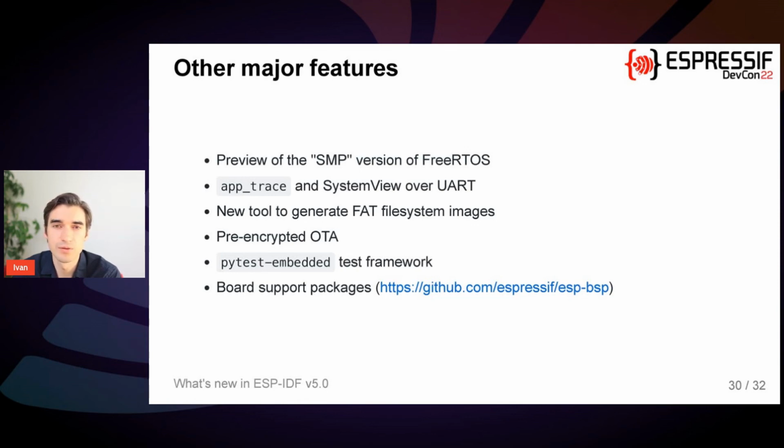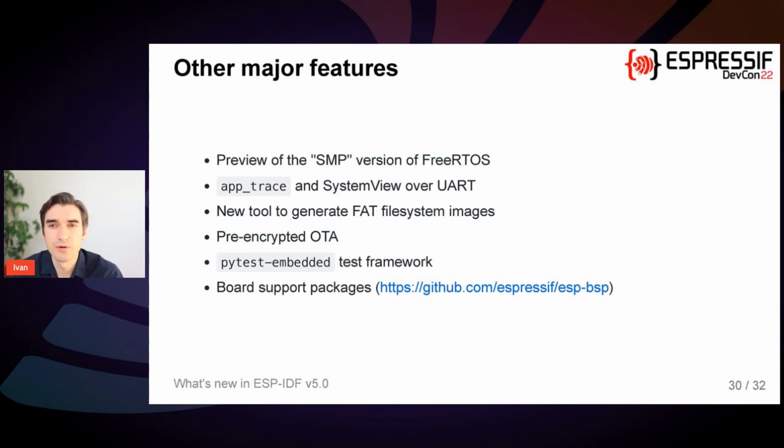It goes in depth about different versions of the FreeRTOS kernel and our plan to migrate to the latest Amazon upstream SMP version. This feature is now in preview, so you can enable it in your project, try it out, and then let us know if you find some issues. We plan to move to the SMP version of FreeRTOS by default in one of the future releases.